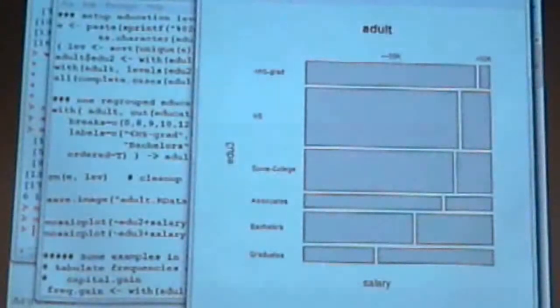This is as expected, right? You expect to see education going from top down, the level of education becomes higher and higher, and then the proportion of those earning more than 50K.